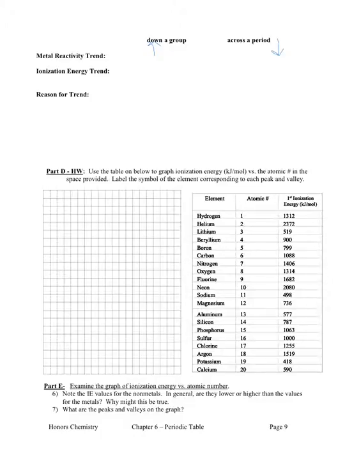Okay, so let's think a little bit about this part D and constructing our graph with energy. And then we can go back, sum up that trend, and then we can write a reason and a good explanation for both of them. So down here, part D has us creating a graph.